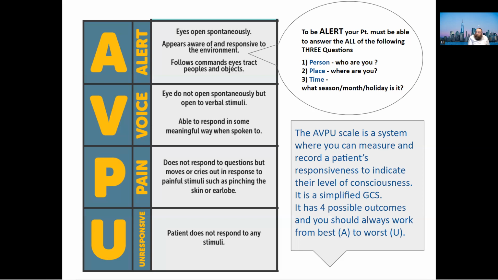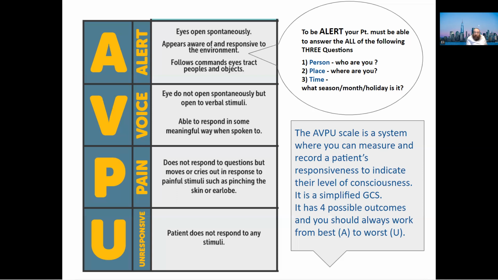So you ask, what day of the week is it? Or what time of year is it? What's the season? What holiday are we near? That's all acceptable, and that is all fine for time. So those are the questions: person, place, and time. I like to ask if you have people around, like who's there is better than who are you. Sometimes I ask both.